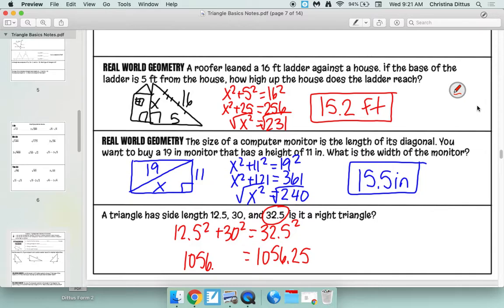When you punch it all in, 0.25. So these two things are equal. So is it a right triangle? Yes. Alright. Questions on the second theorem? Okay. Flip the page.